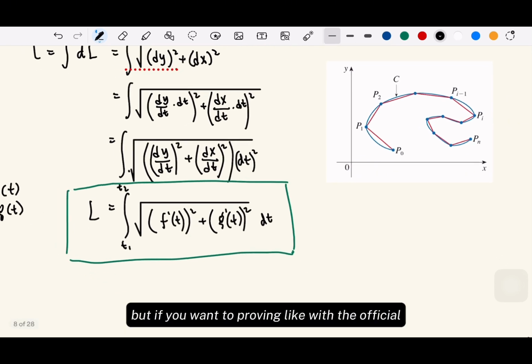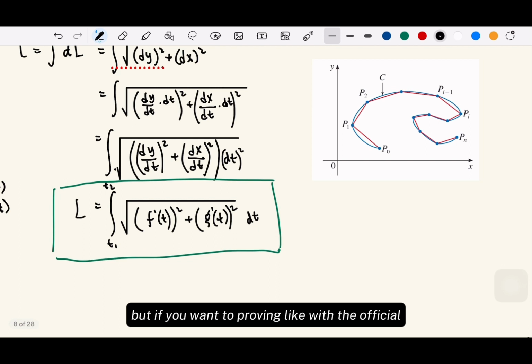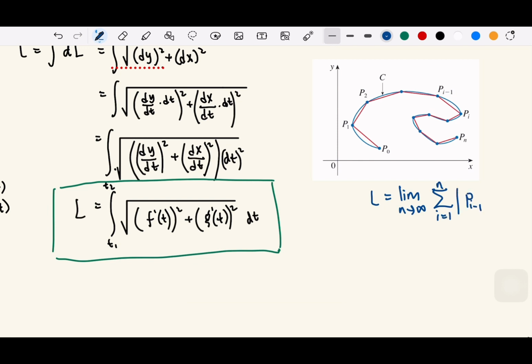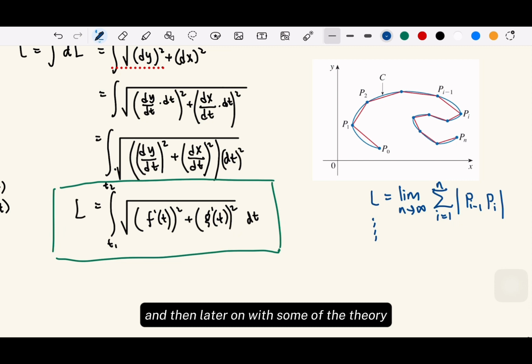But if you want to prove it with the official proof in calculus, then we can use this definition using sigma, and then later on with some of the theory we could write that this will be a limit.